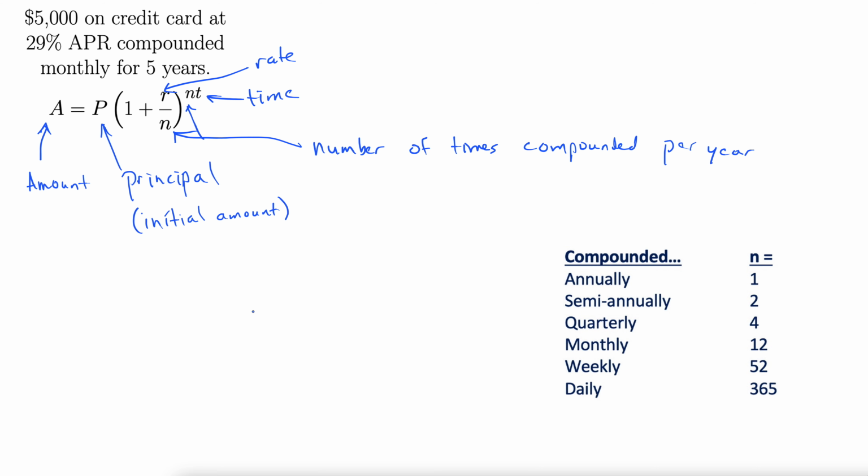Okay, so here's all our stuff. Let's use it on this poor college student situation and see what we get. The amount, that's what we're trying to compute. The principal, 5,000. Okay, 1 plus the rate. Well, the rate is 29. Hold on here. The rate is in decimal form, by the way.